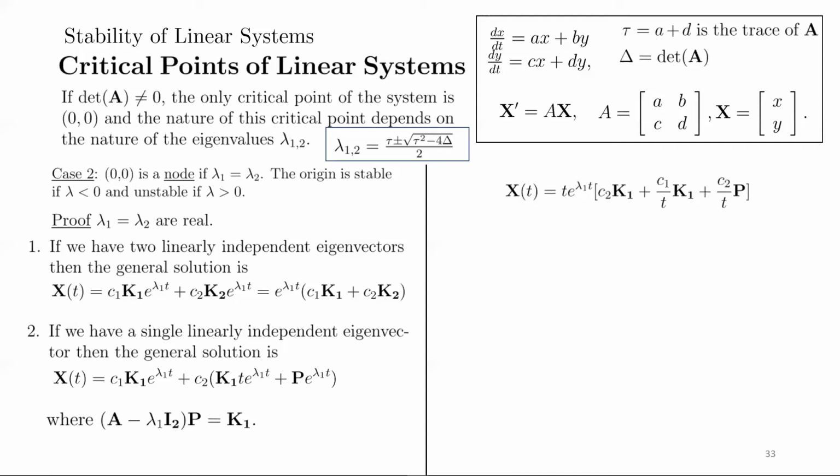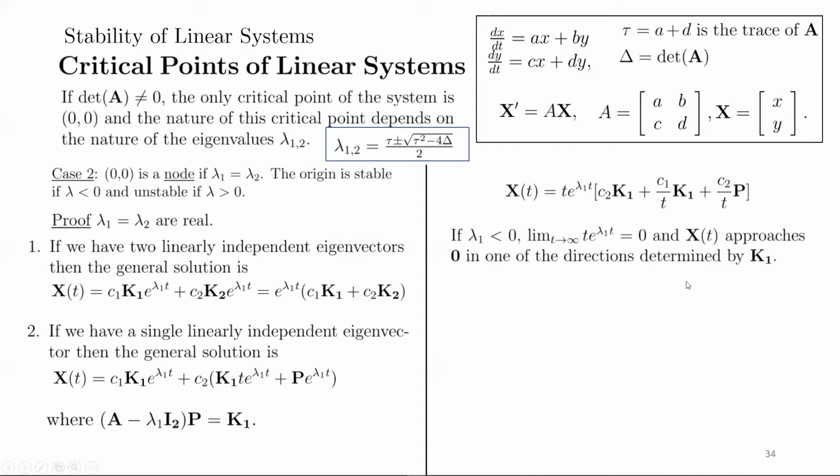Okay, so I can pull out a common factor of t times e to the lambda 1 t out of this equation, right? So just pulling out that term, then of course I end up with a 1 over t in two of these terms. So in this first term here, and in the p term here. So if lambda 1 is less than 0, the limit as t goes to infinity of t times e to the lambda 1 times t is going to be 0.